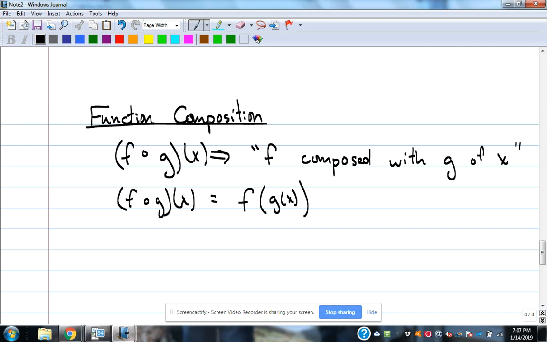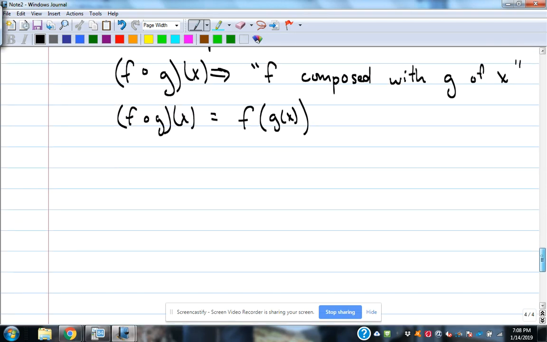So it takes the range from one function and makes it the domain of another function. You don't have to have that definition memorized. The mechanics of it are what we're after. So we're taking one function and plugging it into another one. That's what function composition is.